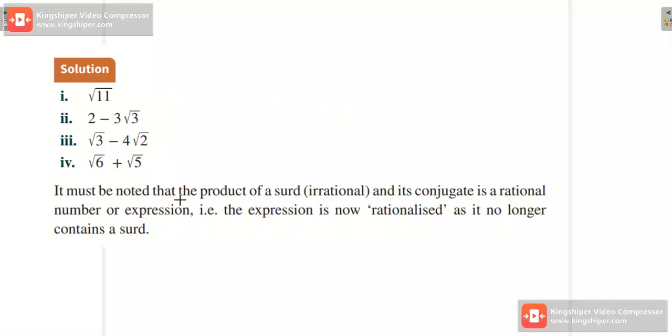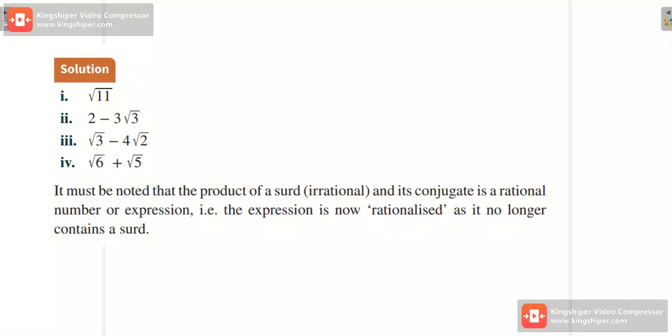It must be noted that the product of a set that is irrational and its conjugate is a rational number or expression. That is, the expression is now rationalized as it is no longer containing a set.